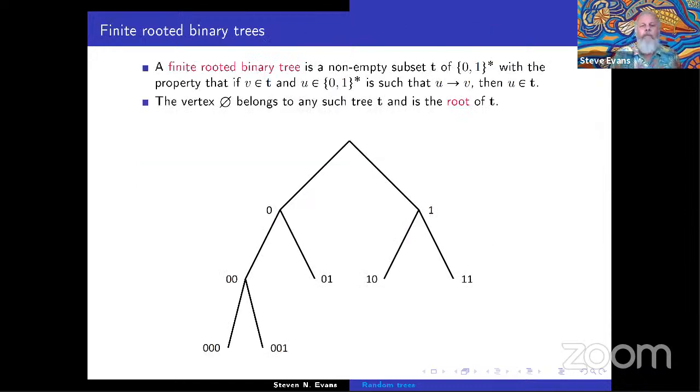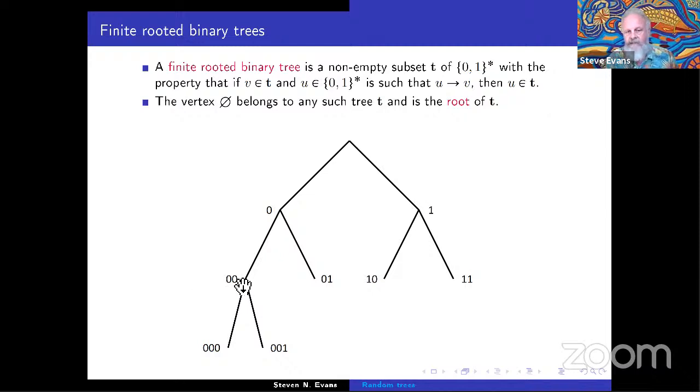Okay, so now what do we mean by a finite rooted binary tree? A finite rooted binary tree is just a non-empty subset T of the complete rooted binary tree, with the property that if V is a vertex of T and U is such that U connects to V by a directed edge, then U belongs to T as well.